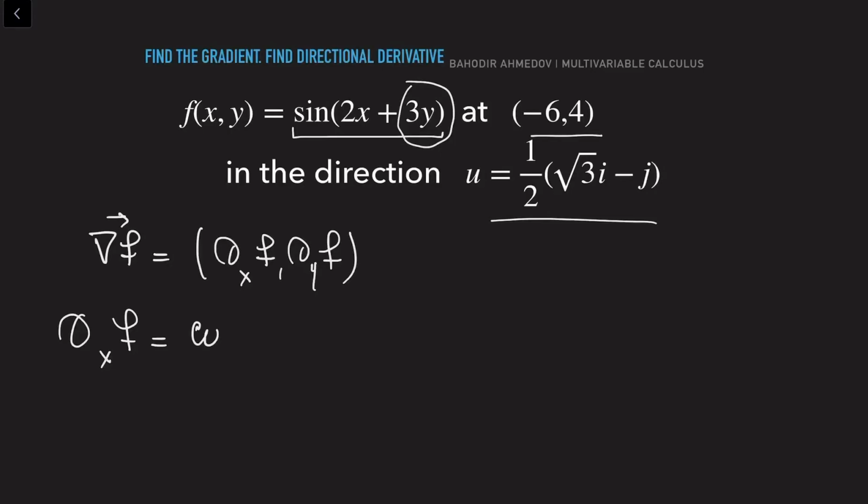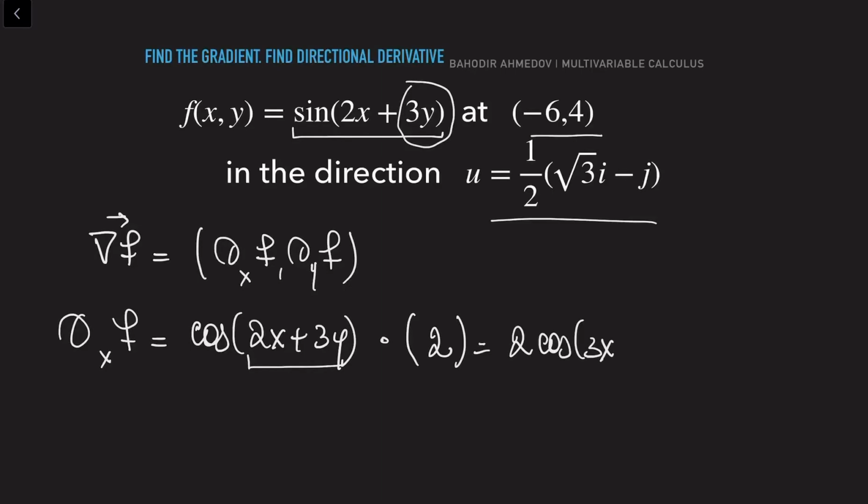This is going to be the cosine of 2x plus 3y, times the derivative of its argument with respect to x, which is simply 2, because the derivative of 3y with respect to x is 0. Since it is considered a constant, this is 2 cosine of 2x plus 3y.